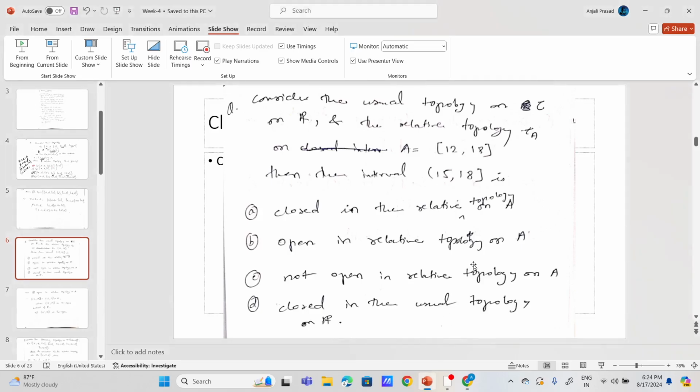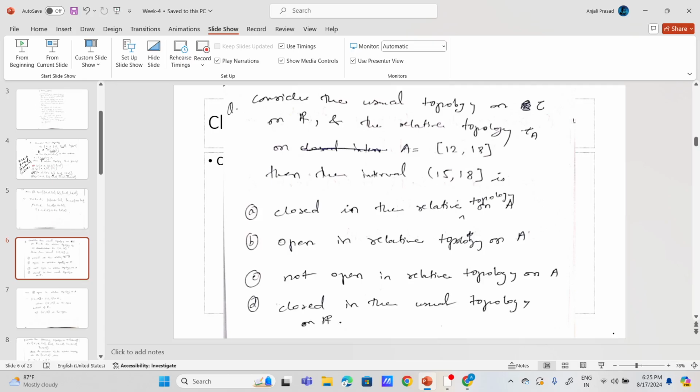What will be the open sets in the usual topology on R?